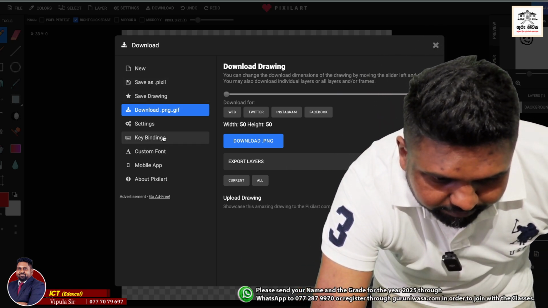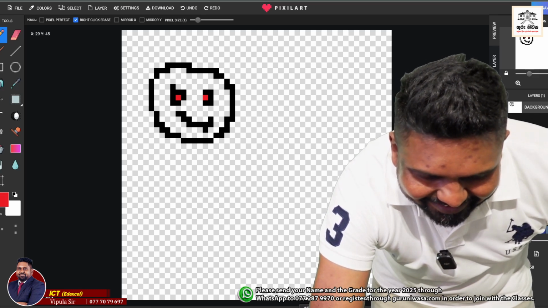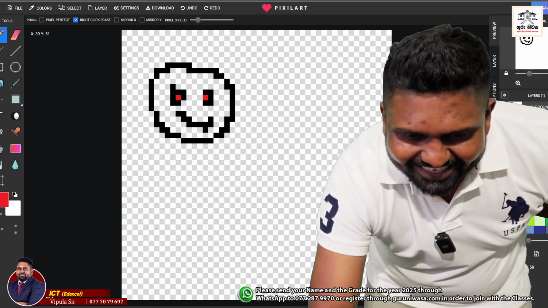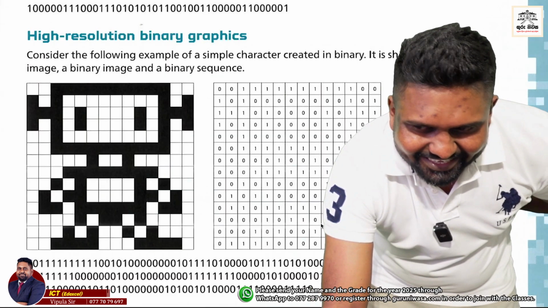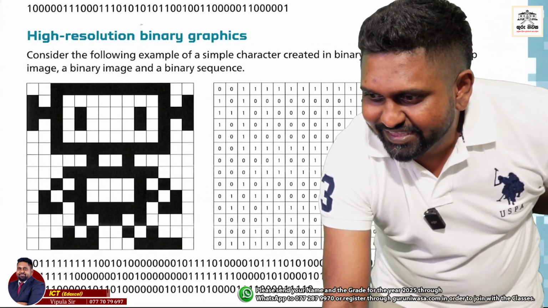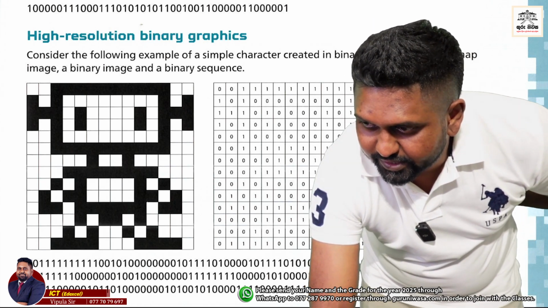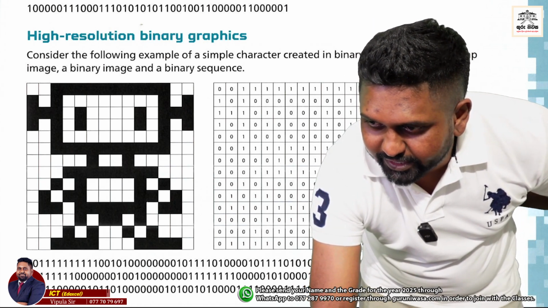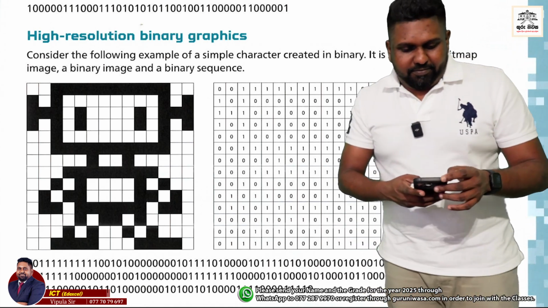Sir, I drew a nice one. Go, show it to me then. Sir, how do I show it? Hold on, I think I need to give you permission. Okay, yeah, now you can share. Wait a minute, sir.